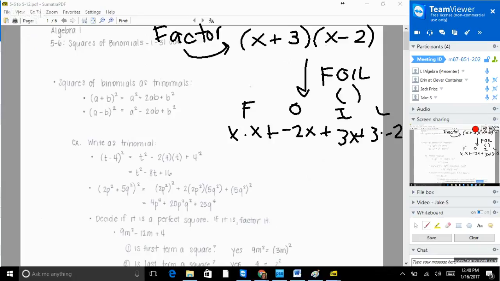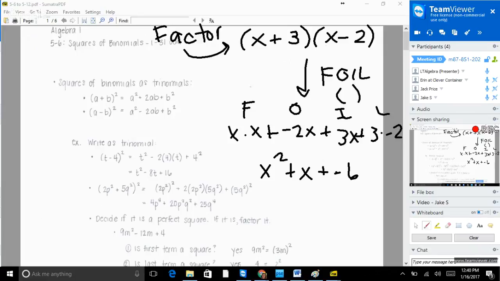So when we put this all together, x times x is x squared. Negative 2x plus positive 3x is just going to give you x. And 3 times negative 2 is going to give us negative 6.